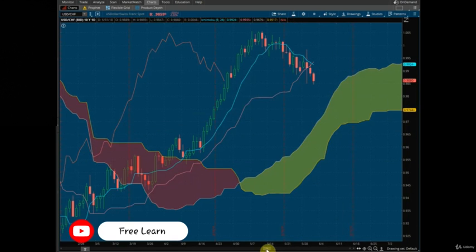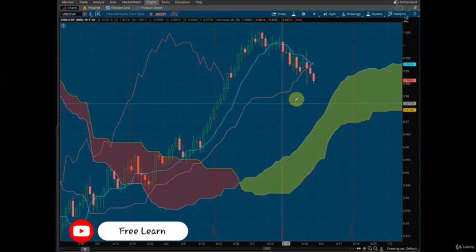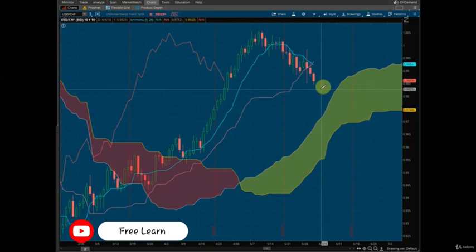But that is also plotted 26 periods into the future. If you're thinking about these as moving averages, you would have a 9-period moving average, a 26-period moving average, the average of those two, and then a 52-period moving average. These are both plotted 26 periods into the future, so 26 candles ahead.